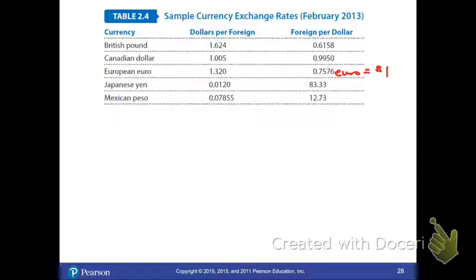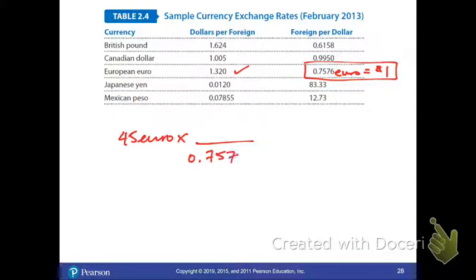Now let's look at the same problem. We had 45 euros, but what we used the first time was this conversion factor. So now we're going to use this second conversion factor. Now what goes at the bottom is the euro, which is 0.7576 euro. Why do we choose that? Because we want the euros to cancel. It is equivalent to $1.